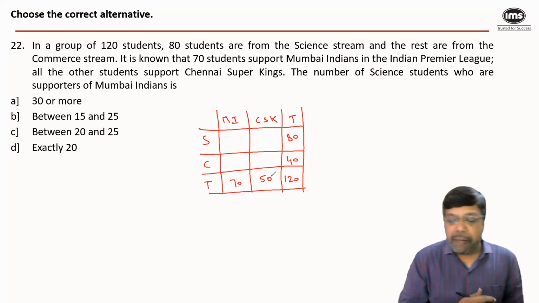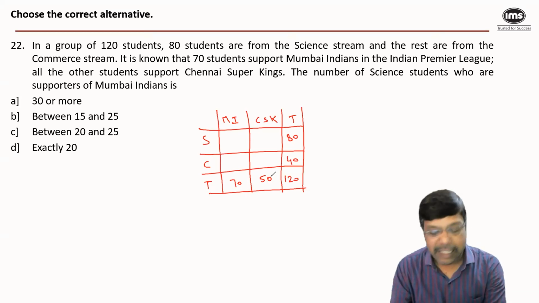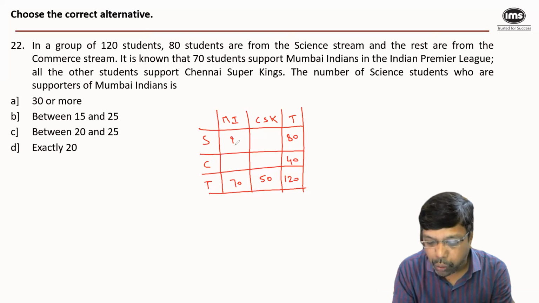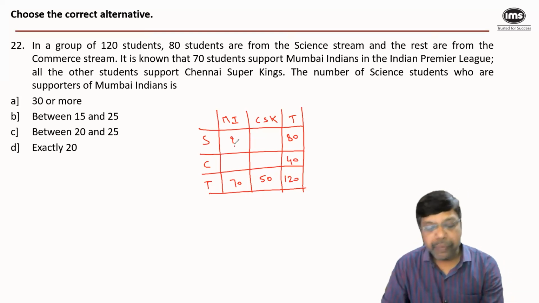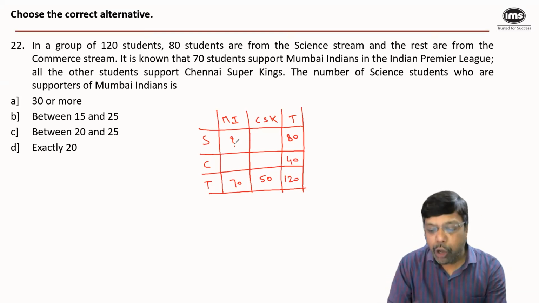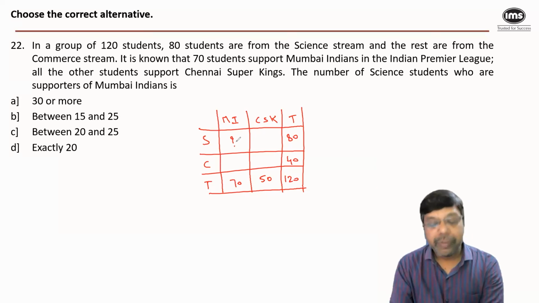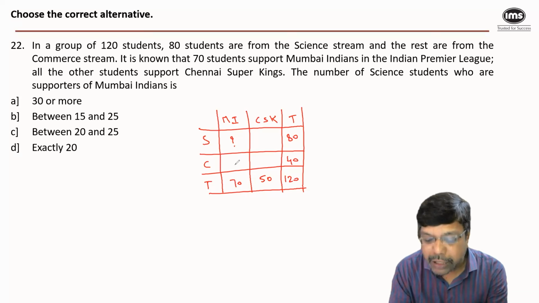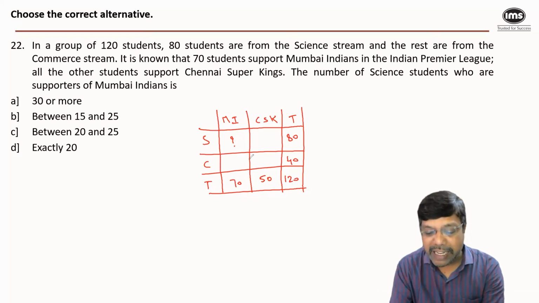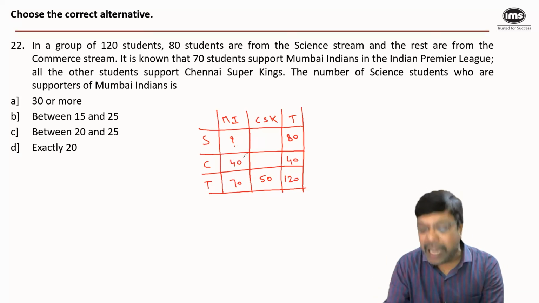Now, we want the number of science students who support Mumbai Indians. Let us try to find the minimum and maximum. Now, if I want the number of science students supporting Mumbai Indians to be minimum, then the number of commerce students supporting Mumbai Indians must be maximum. So I can say all 40 commerce students support Mumbai Indians.